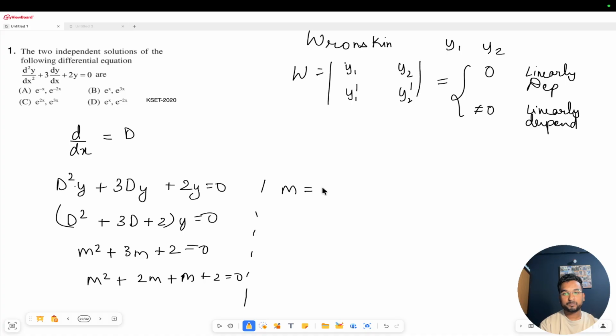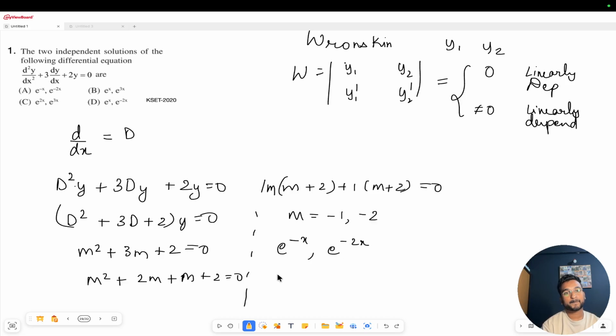Taking m plus 2 common, we get (m plus 1)(m plus 2) equals 0. So your roots will be m equals minus 1 and minus 2. So your solution will be e to the power minus x, e to the power minus 2x. So option E is correct here.